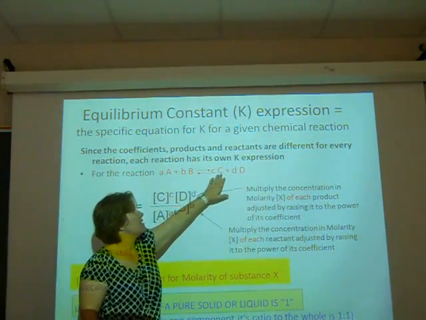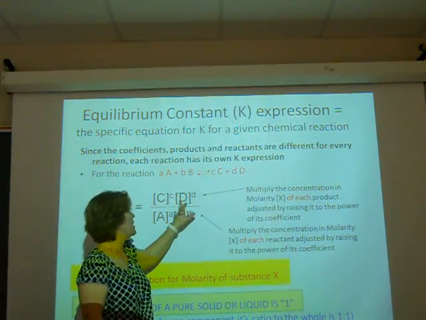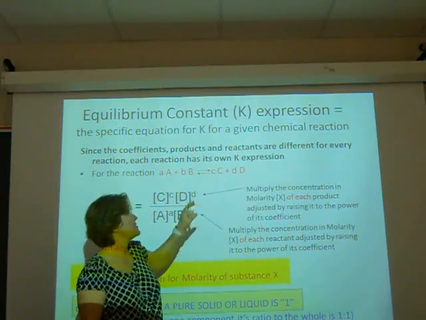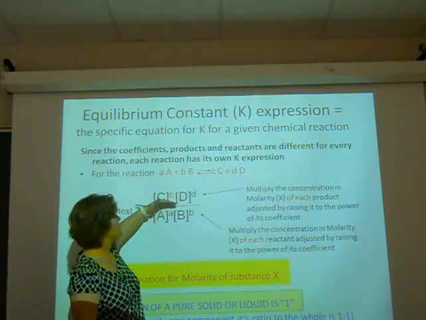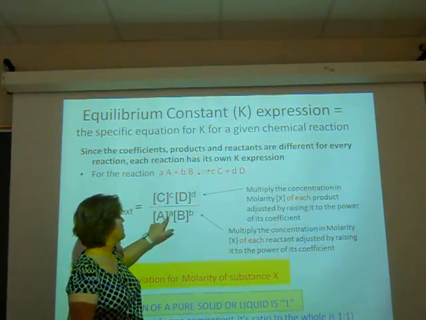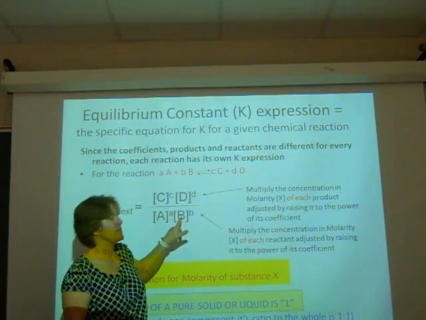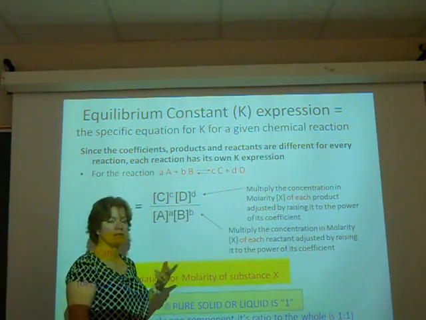We would pronounce this the concentration of C raised to the c power times the concentration of D raised to the d power. And in the denominator, I have the concentration of reactant A raised to its coefficient power, multiplied by the concentration of reactant B raised to its coefficient power.